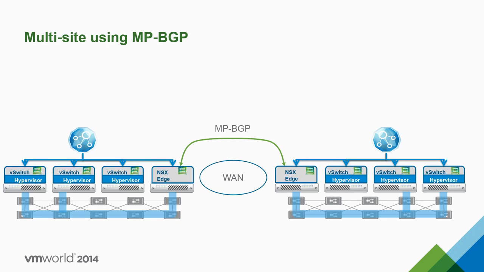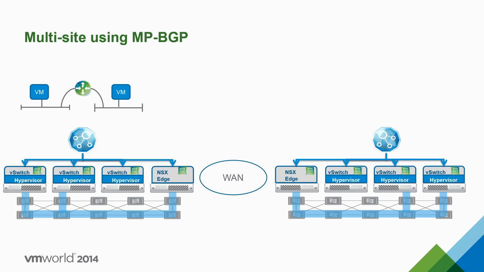So what that enables us to do in a multi-data center environment is something like this. We can put one NSX deployment in one data center, another NSX deployment in a different data center, and we connect them using multi-protocol BGP. And now you can create a logical network over here, create another one over here, and then advertise them. And there's the 10-minute warning, the real 10-minute warning.